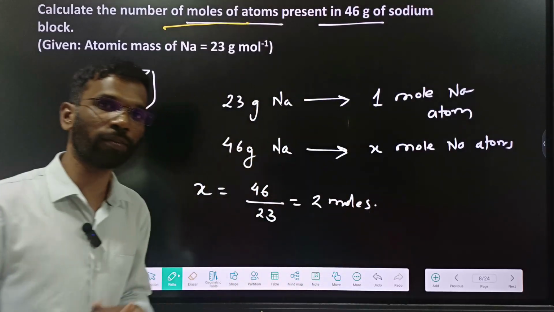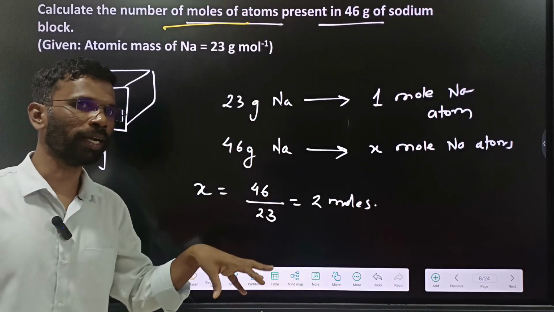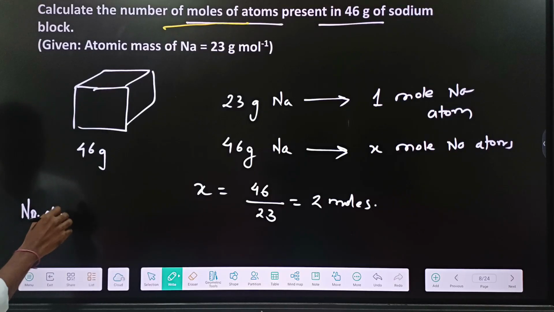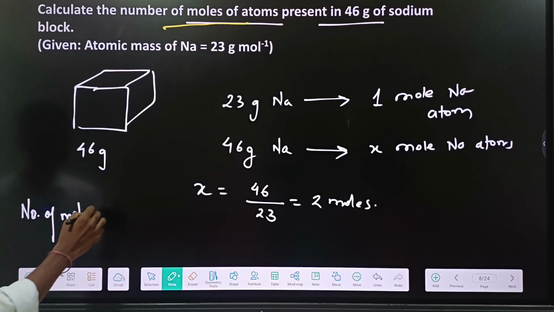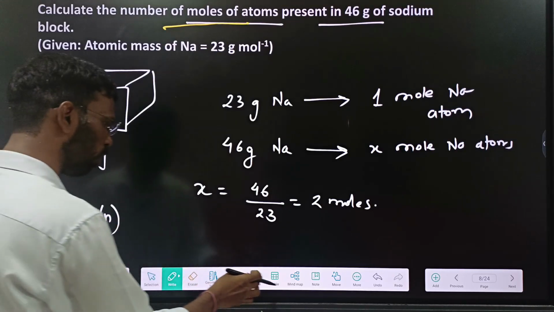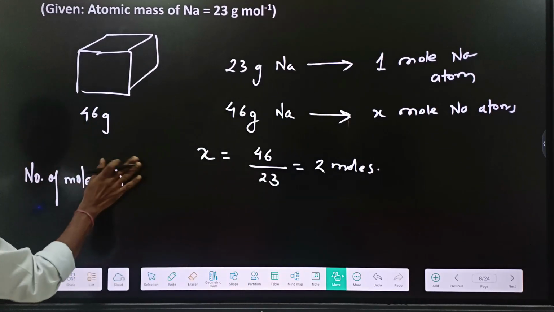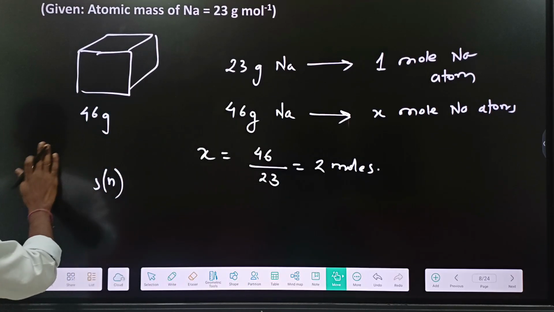Now if you relate the studies that how the number of moles are written, what is the formula?